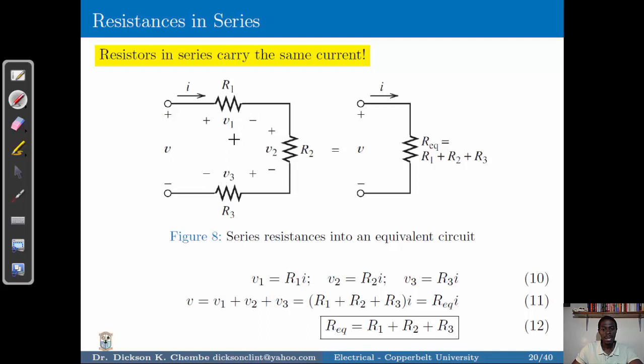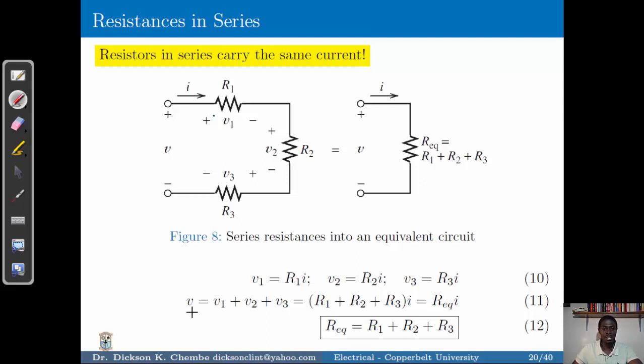So if we apply Kirchhoff's voltage law, which we will look at in detail, it states that the sum of voltage sources, in this case V, must be equal to the sum of the voltage drops, which is V1, V2, and V3. This gives us a simplified method to identify how we add resistances in series.